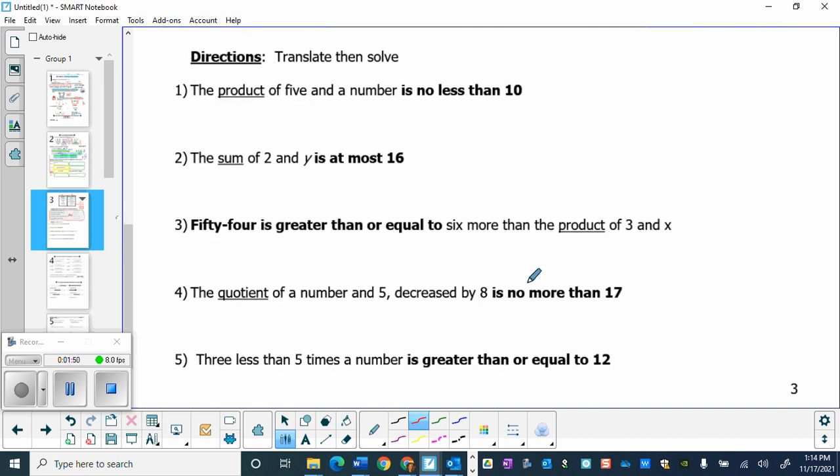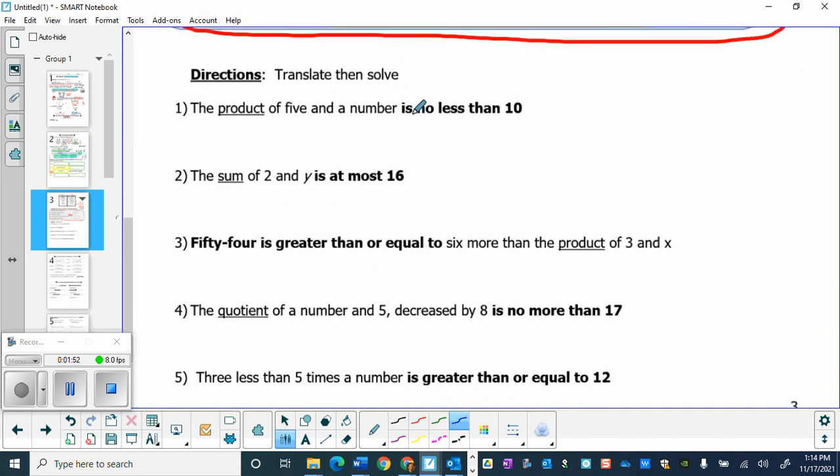And now down here, I'm just going to practice translating and solving with you all. The first one, you might remember that product is the answer to a multiplication problem. And so we have the product of 5 and a number is no less than 10. So all of this stuff is no less than 10, so I'm going to go ahead and put the 10 here. Now, if you're no less than 10, you could be 10 or bigger.